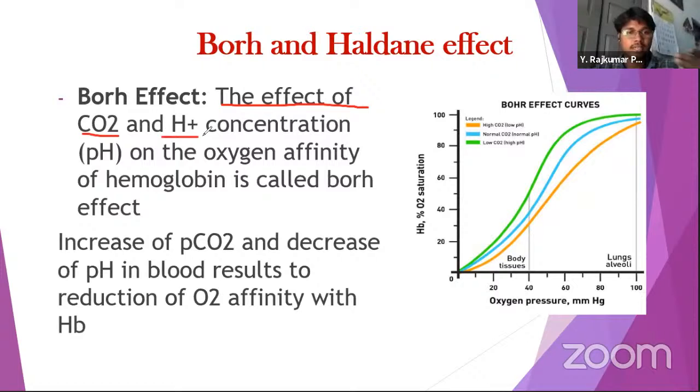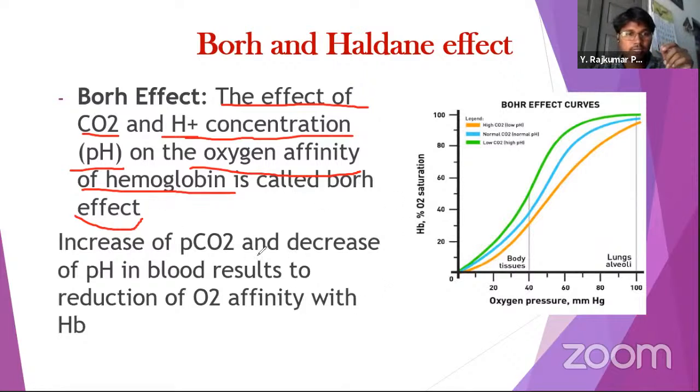Just now we have seen that high partial pressure of carbon dioxide leads to the dissociation of oxygen, isn't it? H plus concentration is nothing but the pH. The effect of carbon dioxide and pH on the oxygen affinity of hemoglobin is called the Bohr effect, isn't it?